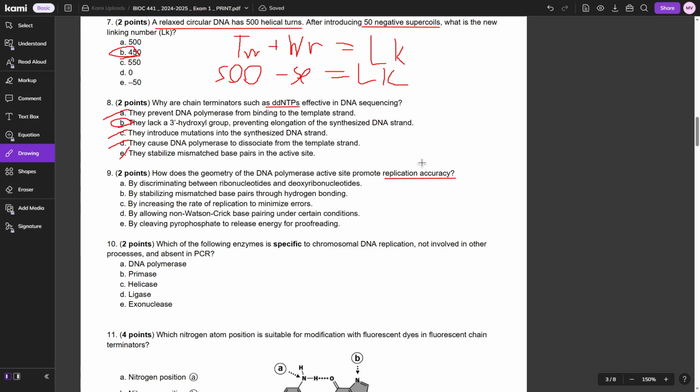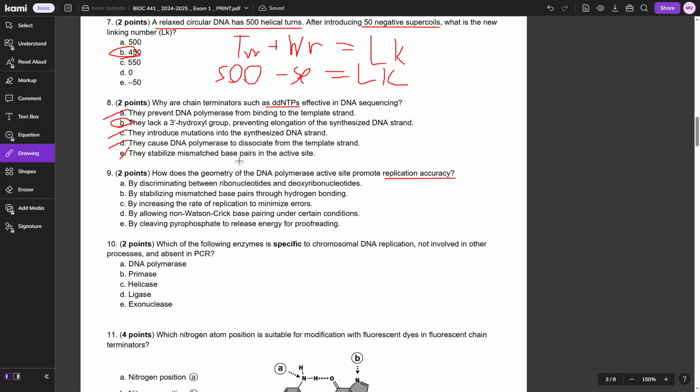You don't want normal nucleotides to go in there. You want dNTPs to go in there. So anything to do with the exonuclease activity, and anything to do with being very specific for the 2' deoxy form of the ribose sugars.